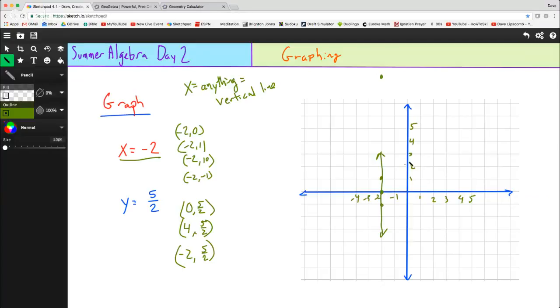So here's (0, 5 halves), which is y equals 2.5. (4, 5 halves) is right here. (-2, 5 halves) is right here. So here we have the line that's horizontal. So y equals anything is a horizontal line.